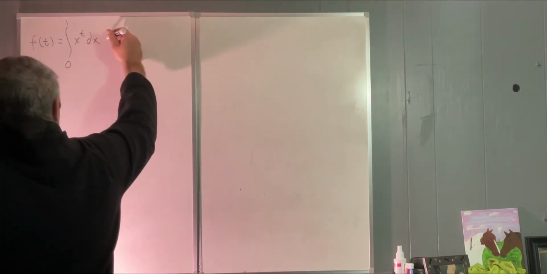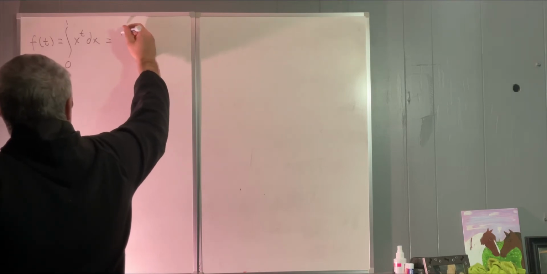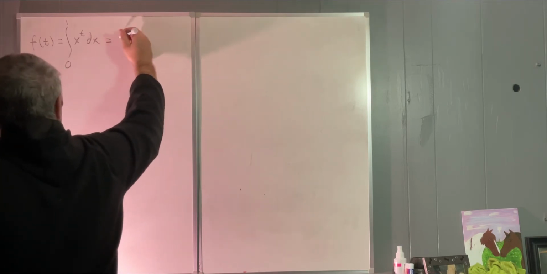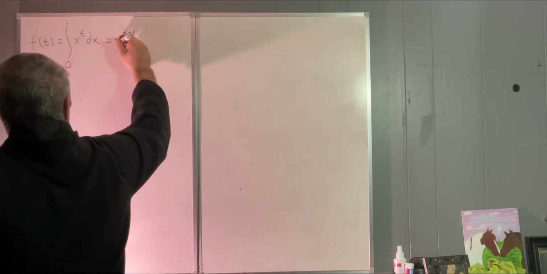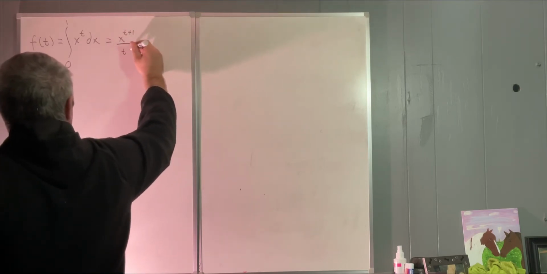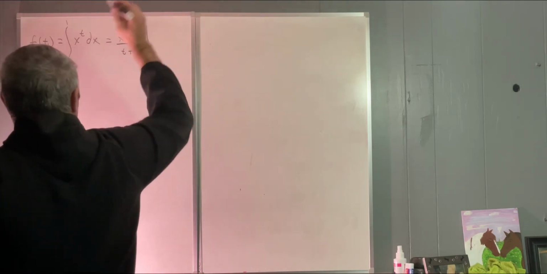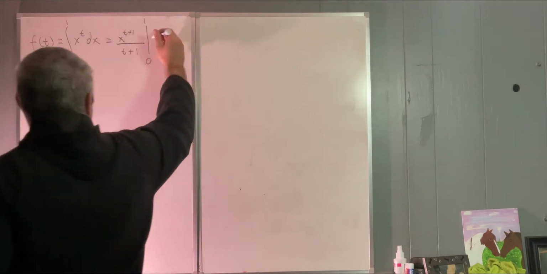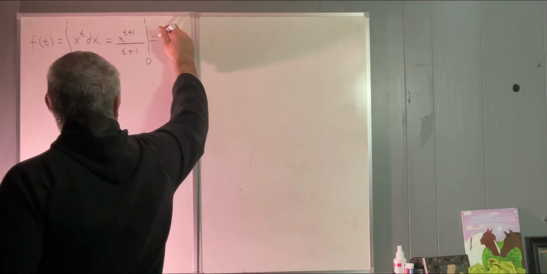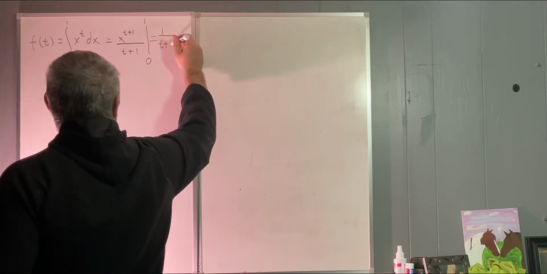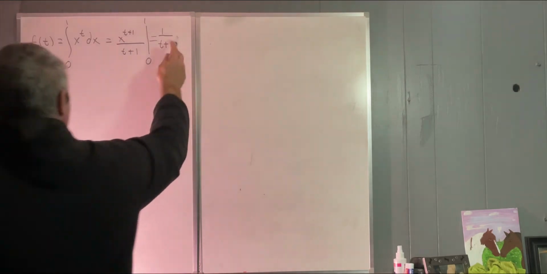We also know that this is equal to x to the t plus 1 over t plus 1 evaluated from 0 to 1. And that is equal to 1 over t plus 1 minus 0 over t plus 1. So it's just this.